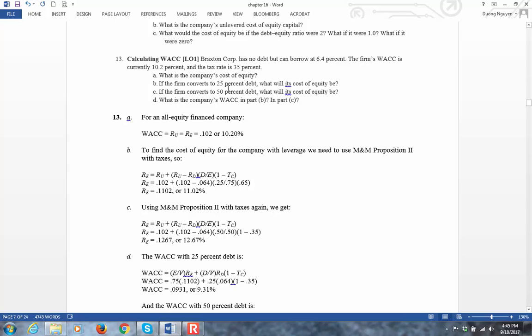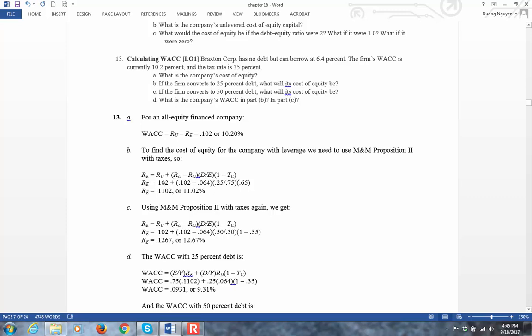If the firm borrows 25%, what would be the cost of equity? So now in the capital structure, 25% will be debt and 75% will be equity. Using the same formula we have been using, cost of equity equals R_U plus (R_U minus R_D) times D over E times 1 minus tax.